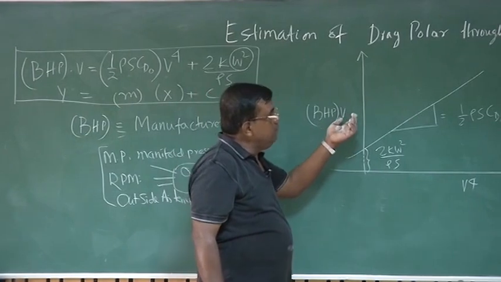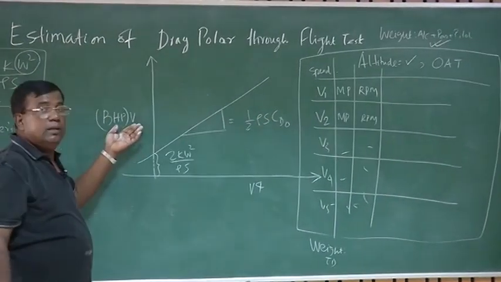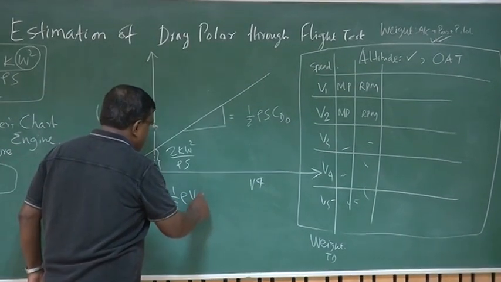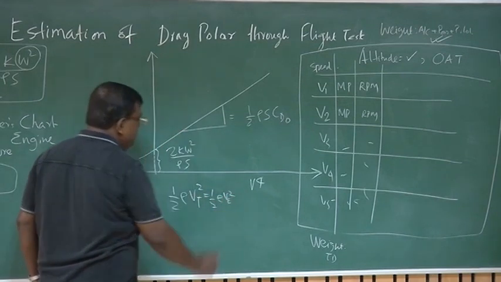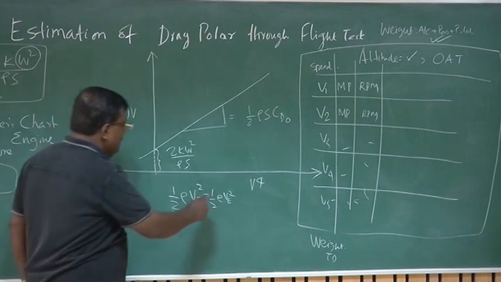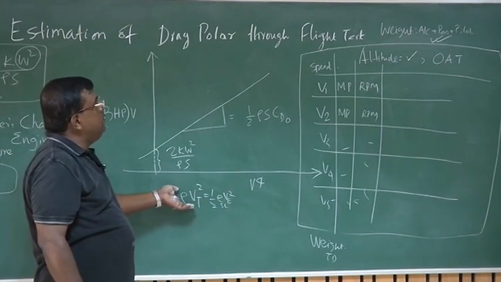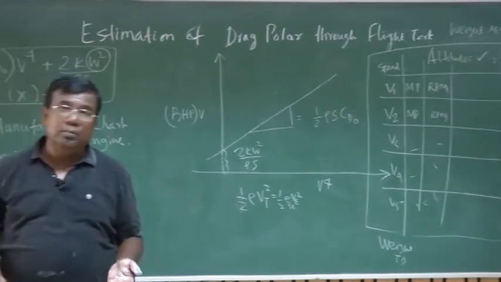I will use equivalent air speed density to find V by using the relationship half rho V true square equal to half rho sea level V square. Rho I'll find out through outside air temperature and the standard atmosphere table.